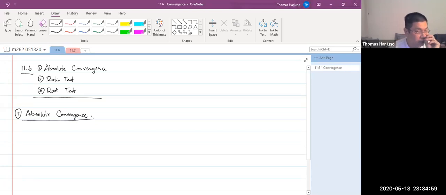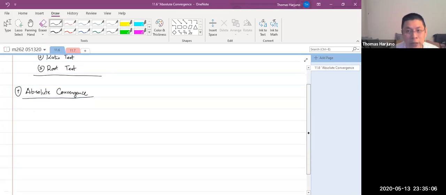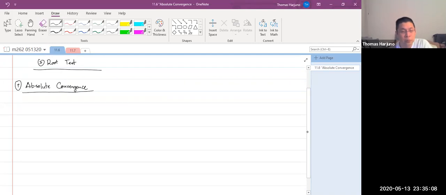In the previous section, we started dealing with series whose terms may be positive, may be negative. Now, prior to that, maybe I write it down as a side note. In 11.2, 11.3, we dealt with series where the terms are non-negative, right?